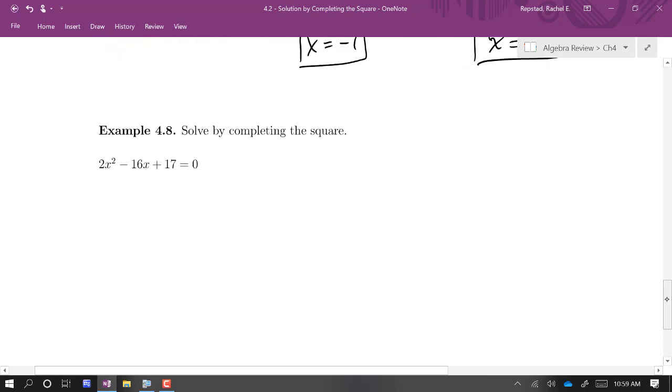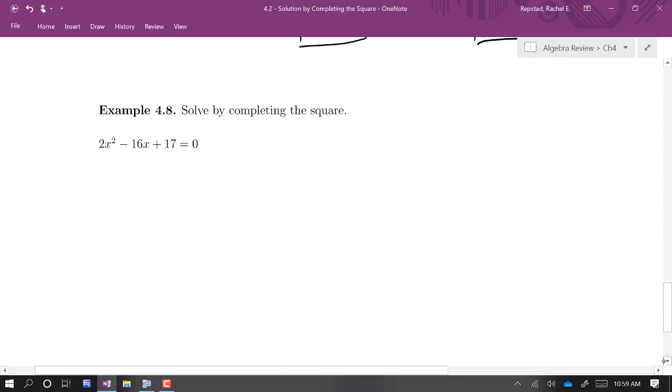Okay, let's do another one. We're going to solve this equation by completing the square. I'm going to get the 17 by itself on the other side, so I'm going to subtract 17. 2x squared minus 16x equals negative 17.